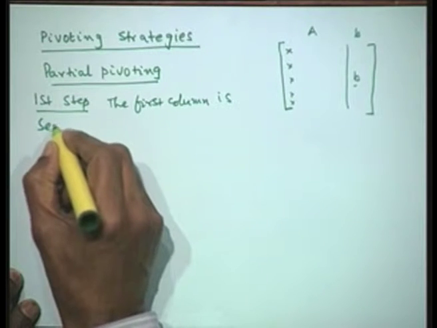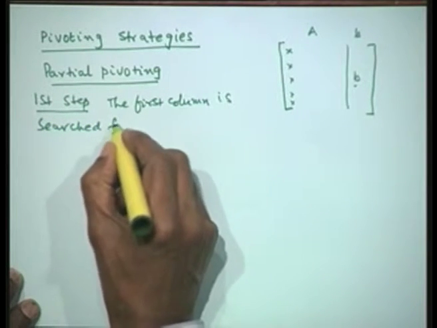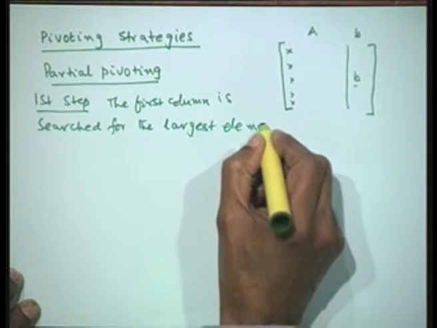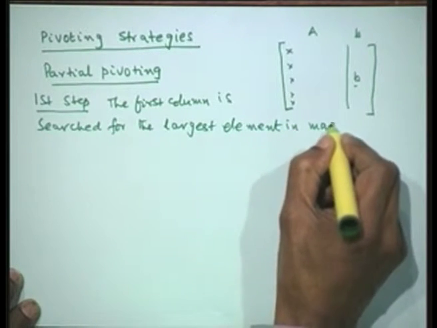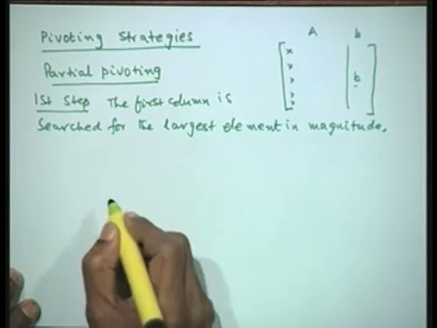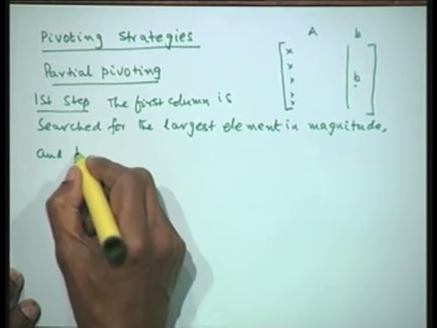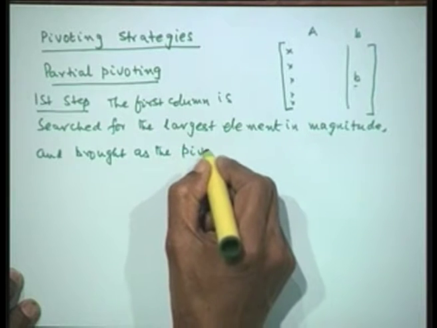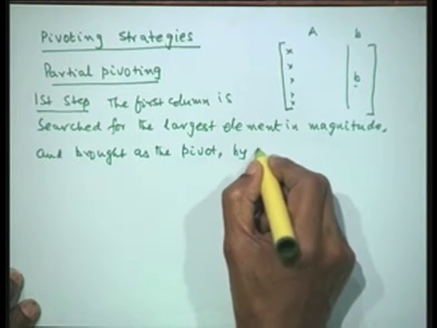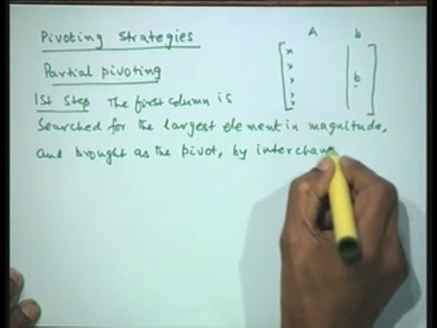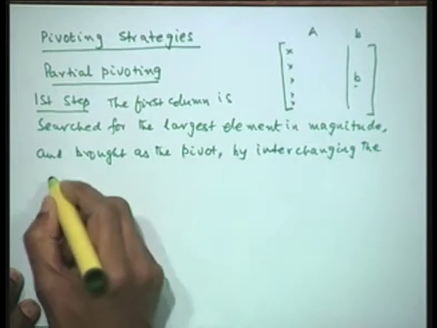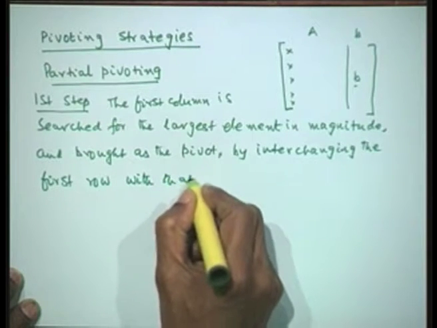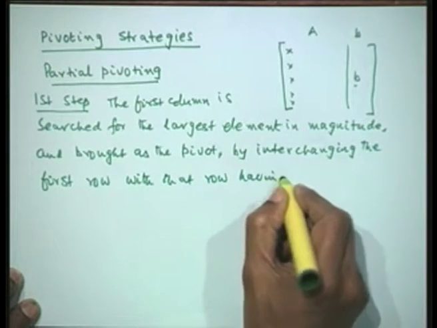is searched for the largest element in magnitude, and we bring this as the pivot by interchanging the first row with that row having the largest element.